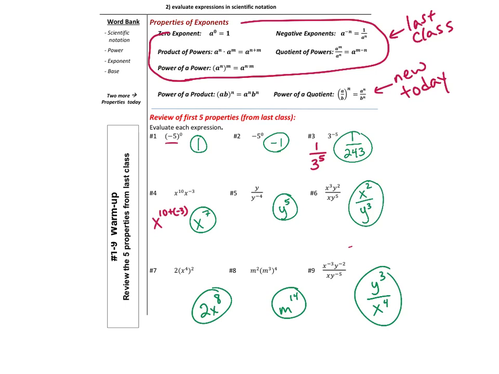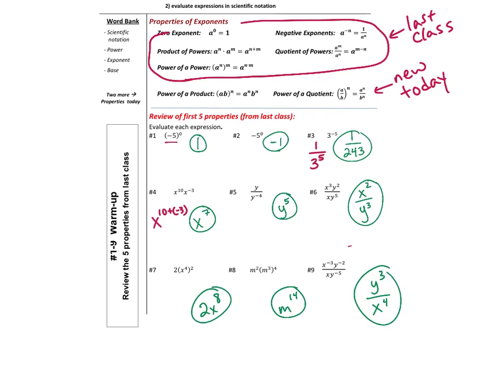The next one, it looks like we're dividing. There's two ways to do this, really, and they're both totally correct. I could use my negative property, which says, if I have a negative exponent, changing the location would make it positive. So if I took this power in the denominator, the bottom of the fraction, if I moved it up, this would become y to the positive 4th.